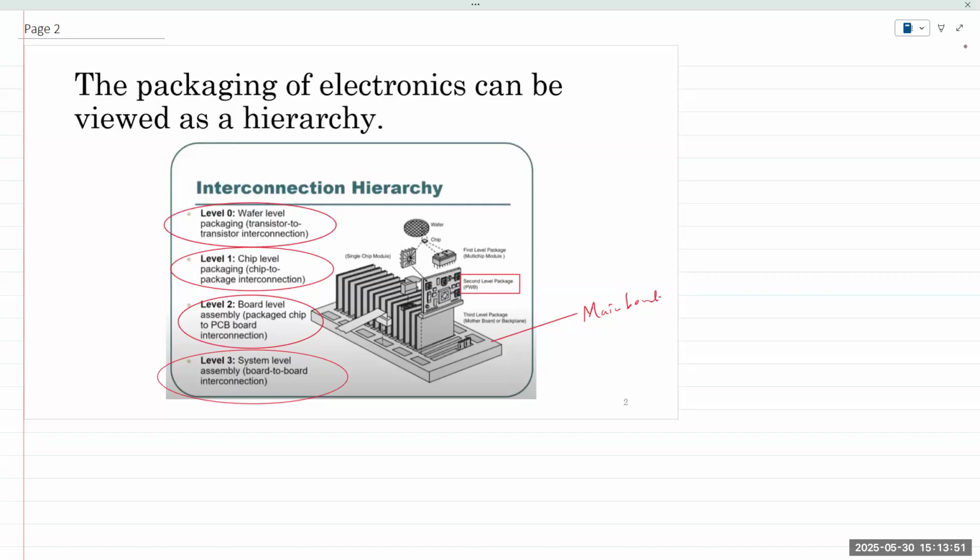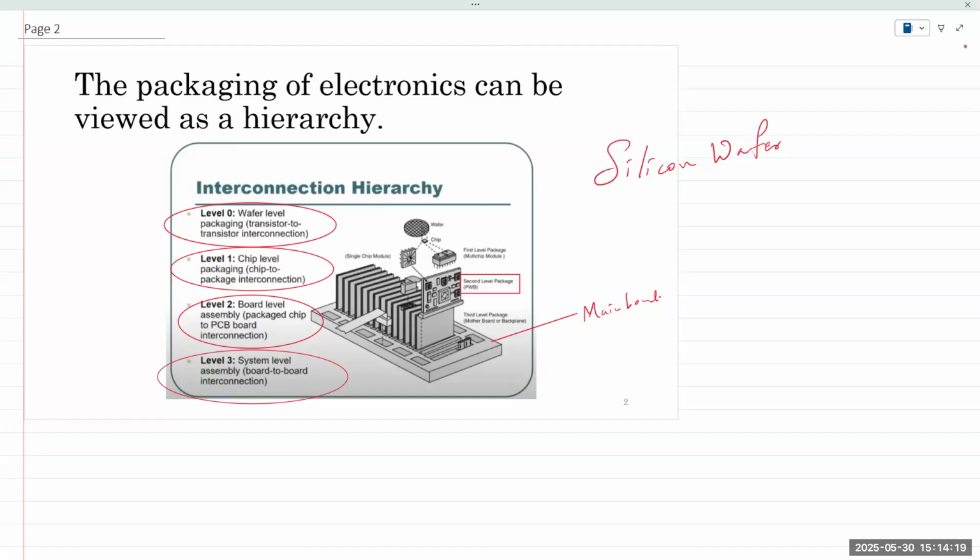The wafer in here refers to semiconductor wafers, typically created out of silicon. All of these are created from silicon semiconductor material, hence silicon wafer. And the reason they are called wafers is because they are round in shape, very thinly sliced.